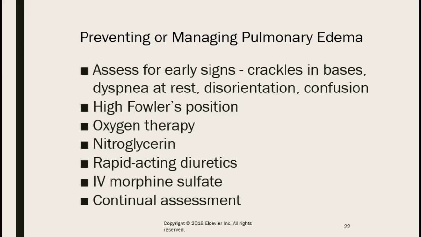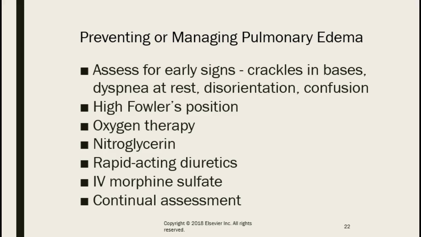Sometimes they're on a Bumex drip for hours. And if you have to do that for a patient, advocate for that patient and get a Foley catheter, because they will get absolutely no rest. They will be needing to get up and use the urinal or the commode or the toilet. And we know that they're already tired. We know they're often having difficulty breathing, and that can really tax them and delay their recovery.